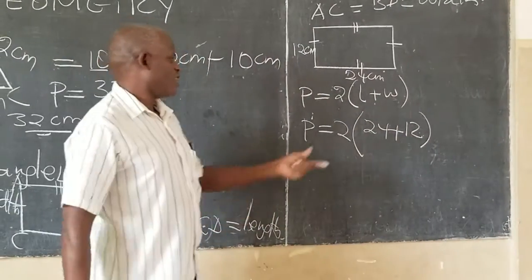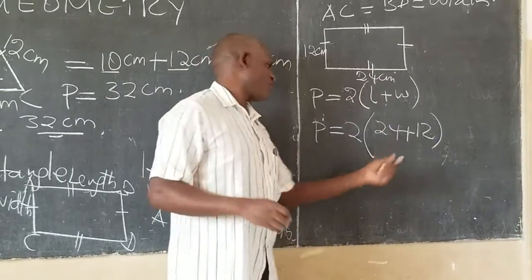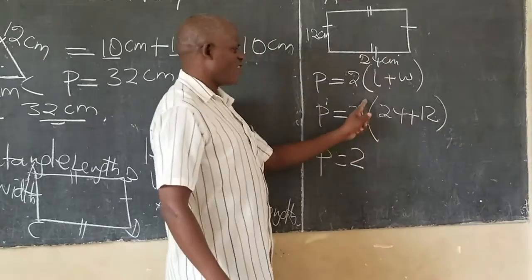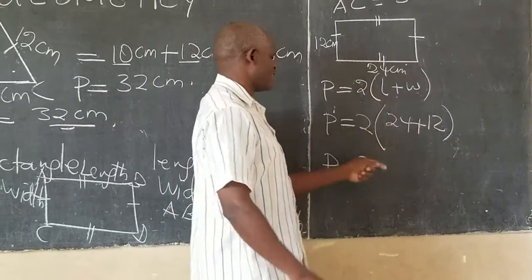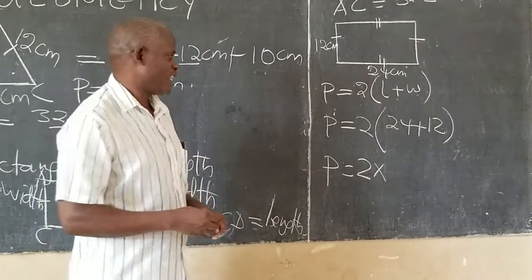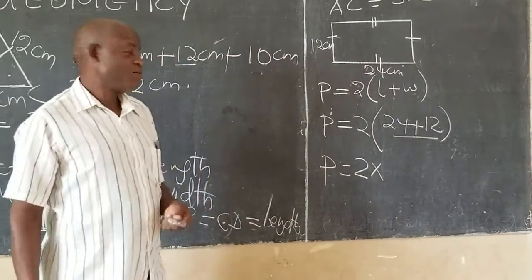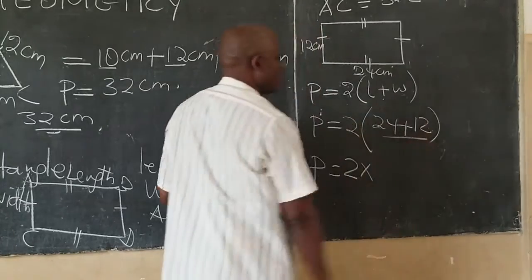Now you have to start with the numbers which are in the bracket. Perimeter is equal to 2. Here there is no sign. If there is no sign and there are brackets there, it means there is a hidden multiplication. Now you start with the numbers in the brackets. This is 24 plus 12.